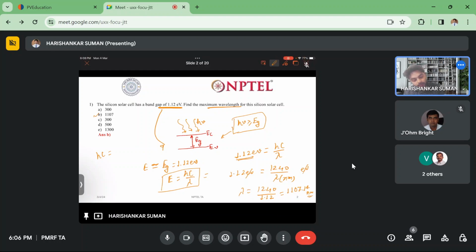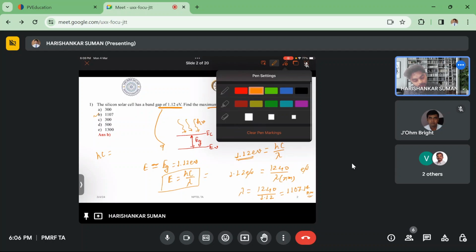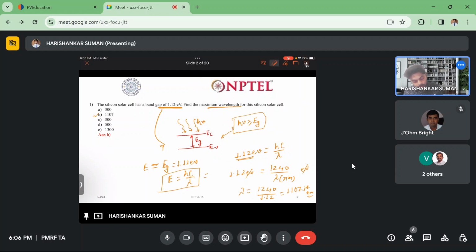So tell me, let's say we have a spectrum. Here is 400 to 700 nanometer, and here it is around 200 to 400, 700, and beyond that.